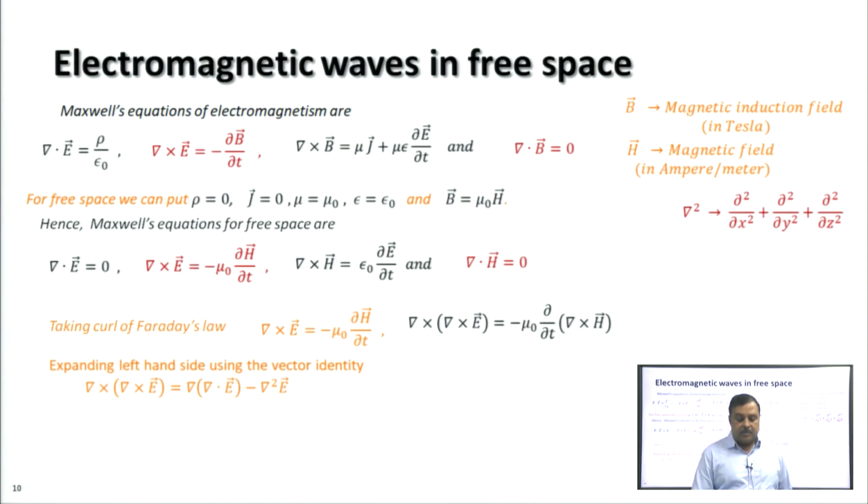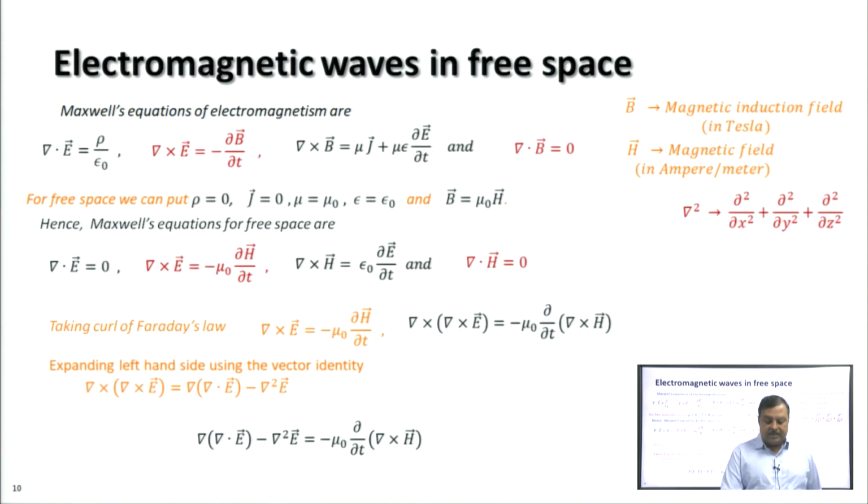Del square is identical to delta 2 by delta x square plus delta 2 by delta y square plus delta 2 by delta z square. Okay. So, we can use this vector identity. So, we get gradient of divergence of E minus del square E equal to minus mu 0 delta by delta t of del cross H.